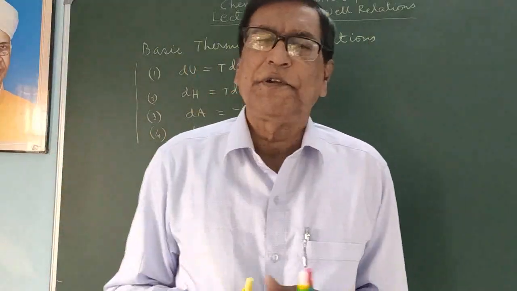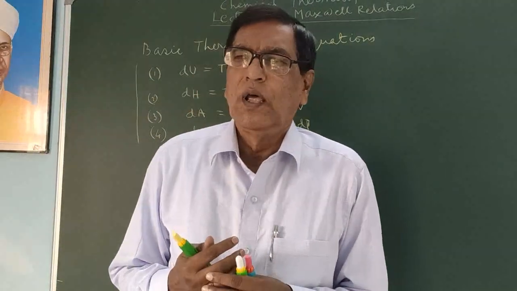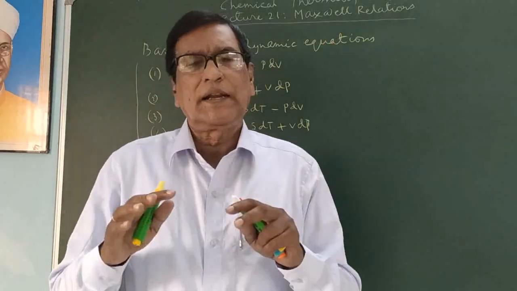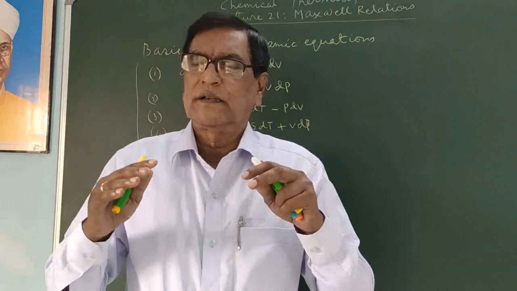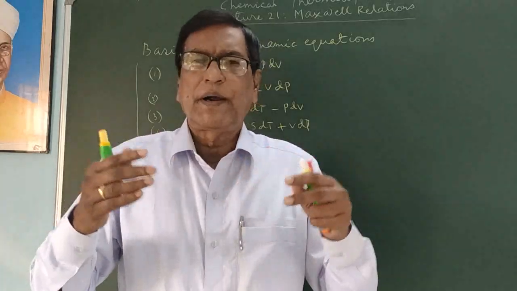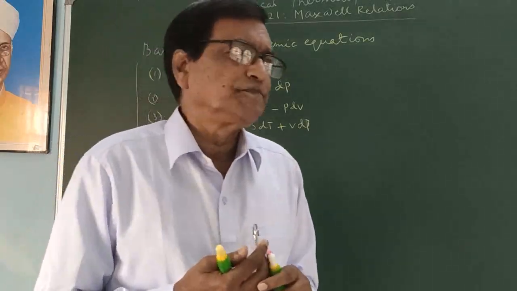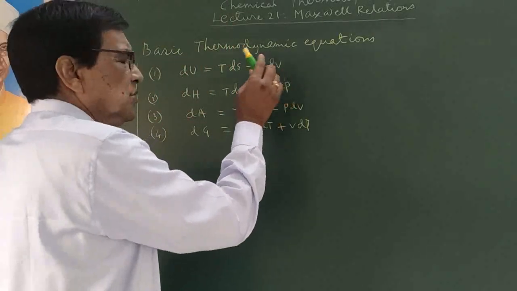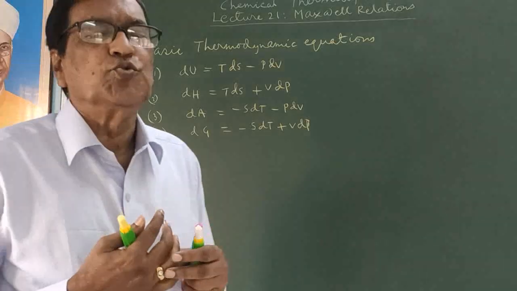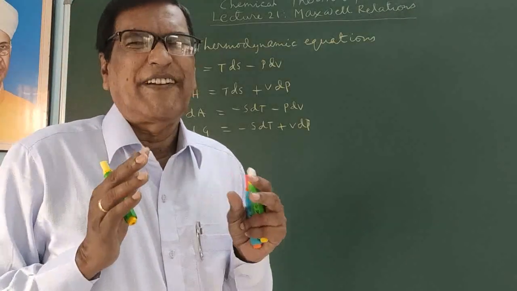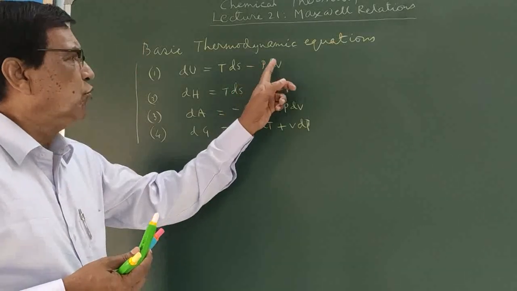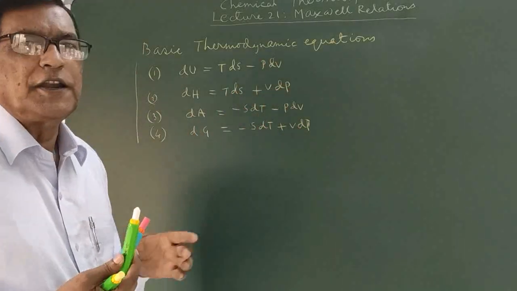The basic thermodynamic equations are very helpful to formulate these Maxwell relations and other parts of thermodynamics. Each basic thermodynamic equation gives rise to one Maxwell's relation, so altogether we shall get four Maxwell's relations.